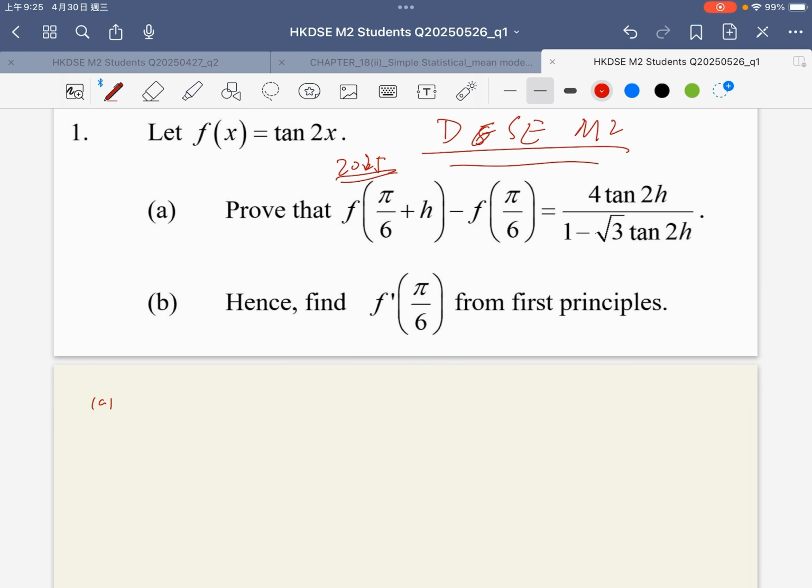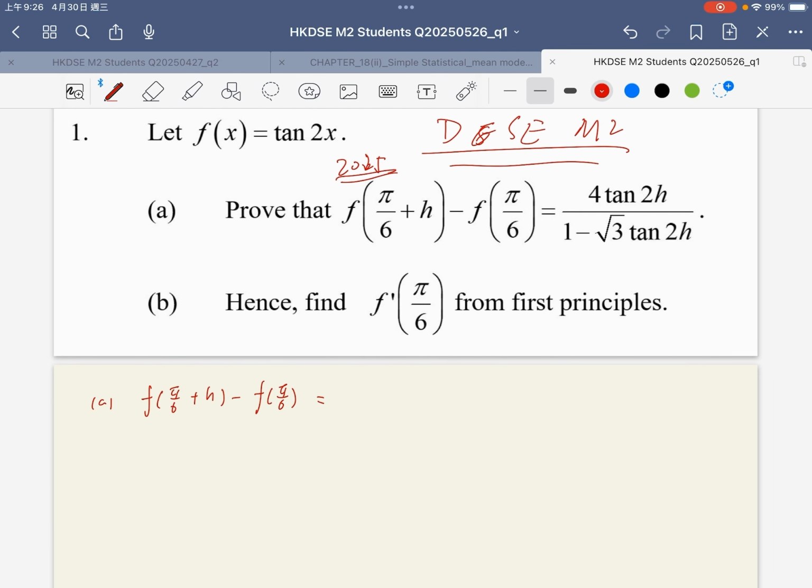For part A, f(x) is tangent x. Then we have to simplify this one. Okay, we first simplify f(pi over 6 plus h) minus f(pi over 6).